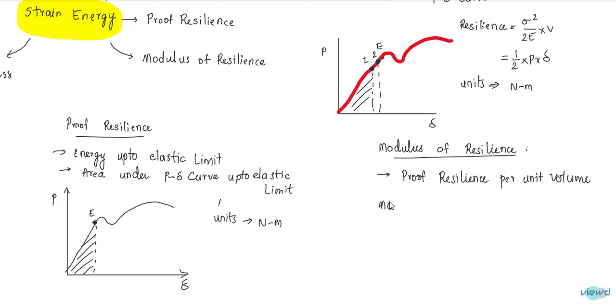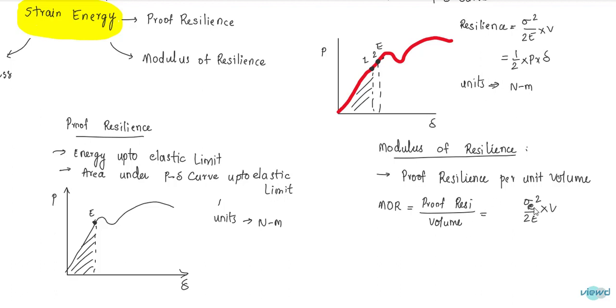So modulus of resilience, I am writing it MOR, is equal to proof resilience per unit volume. By dividing by total volume, we get unit volume. Now proof resilience means, sorry, this is not half, sigma square by 2E into volume.